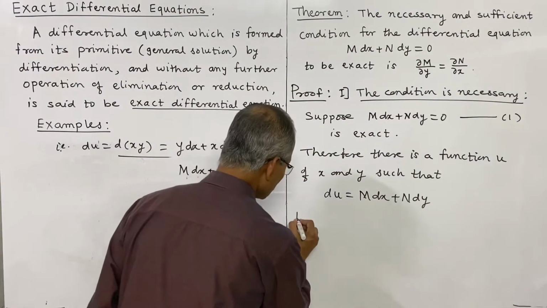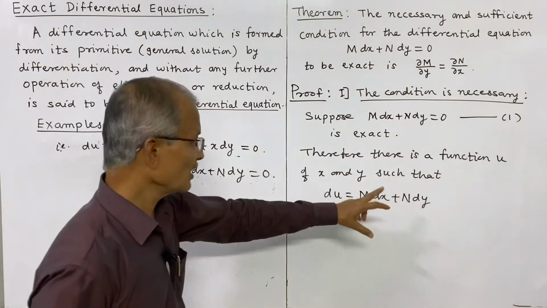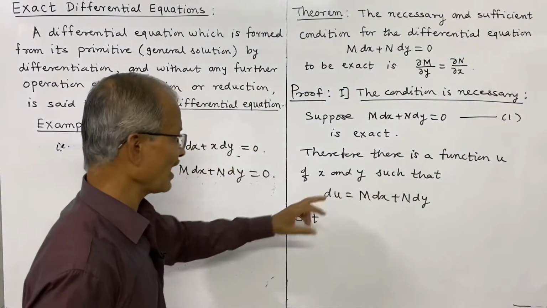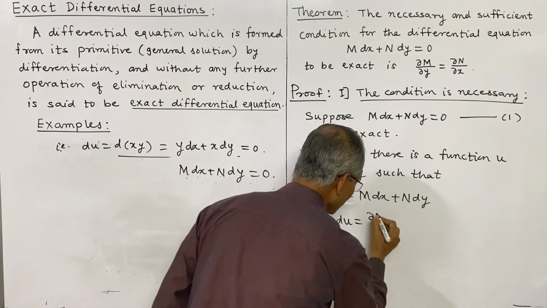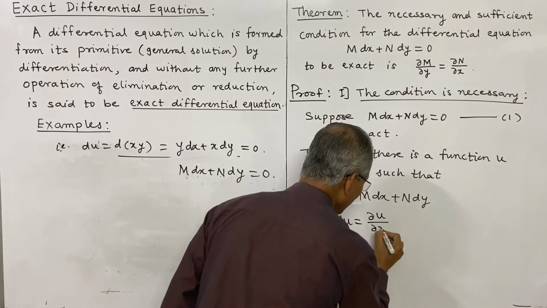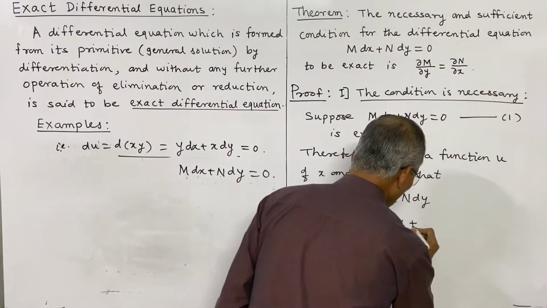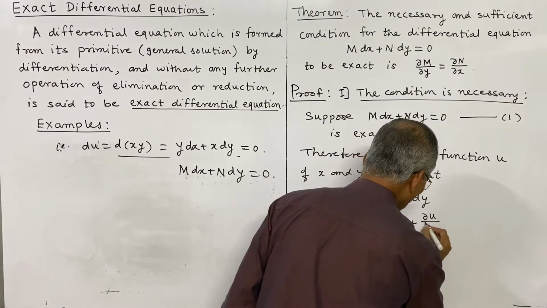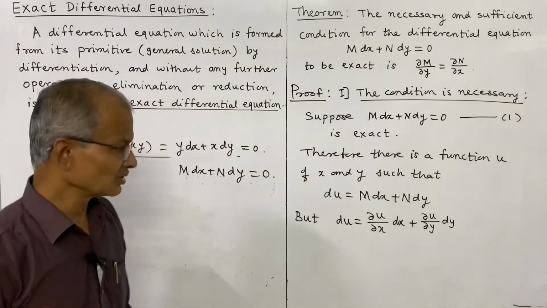But what is the total differential? There is a theorem on total differential. If u is a function of x and y, then the total differential is written in terms of partial derivatives: the partial derivative of u with respect to x into differential of x plus the partial derivative of u with respect to y into differential of y. This is the theorem in partial differentiation.